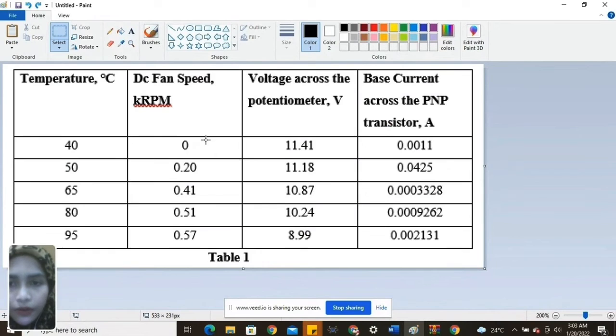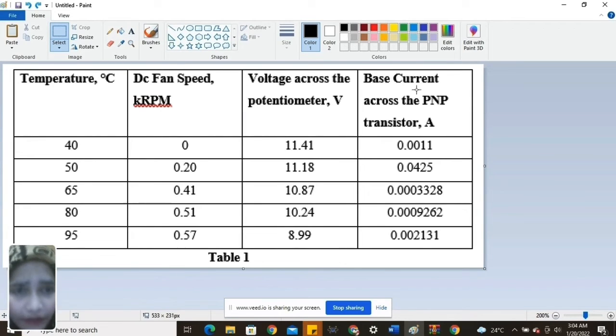So for our overall results, we can see that when the temperature increases, the DC fan speed increases. Meanwhile, as the temperature and the DC fan speed increase, the voltage across the potentiometer decreases.